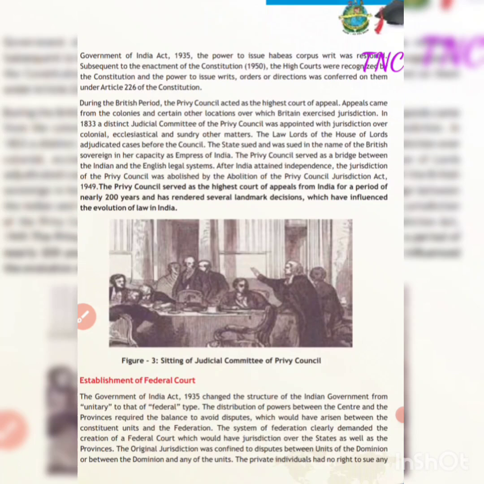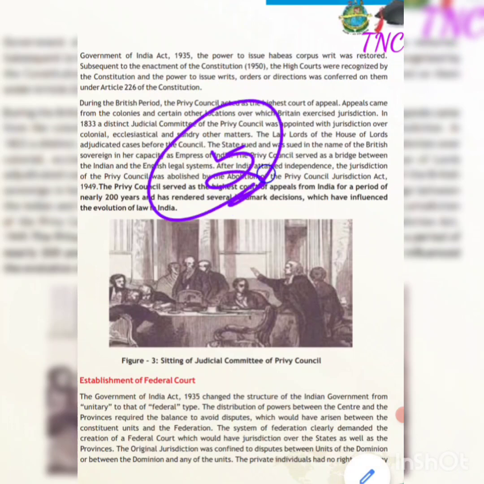Both have the power to issue 5 kinds of writs, whatever the case may be. High Courts are conferred with the power to issue writs as per Article 226 of the Indian Constitution, whereas the Supreme Court is granted power to issue writs as per Article 32 of the Indian Constitution. Moreover, you can find out.